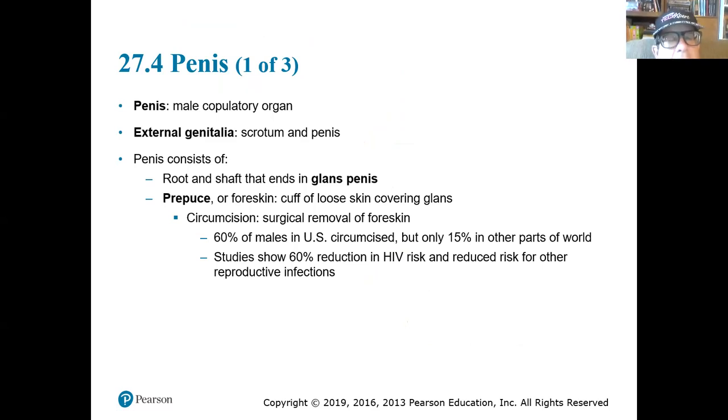The prepuce, or common name for it is the foreskin, is loose skin that covers the glans. In the United States, about 60% of US males are circumcised. That's where they cut away the foreskin. Only 15% of males in other parts of the world.